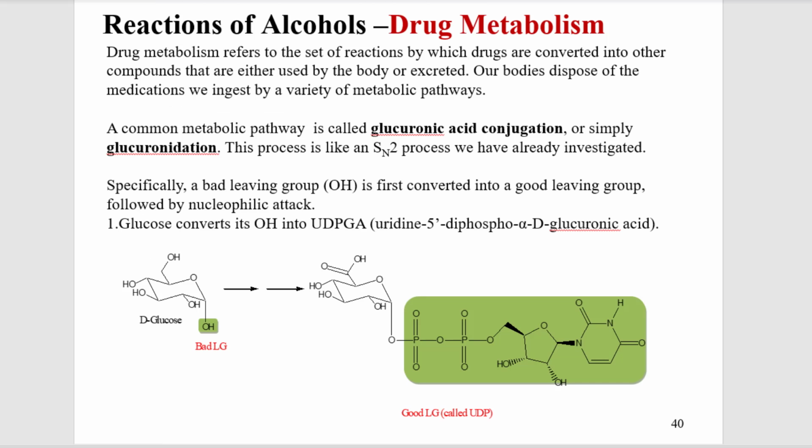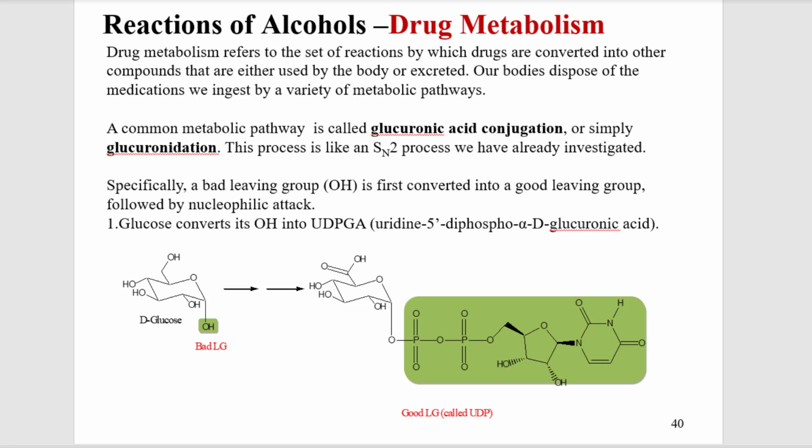All right, drug metabolism. Here's a beautiful example of how converting a bad leaving group alcohol into a good leaving group works in our bodies. A common metabolic pathway called glucuronic acid conjugation, or simply glucuronidation, is a process just like our SN2 process that we've been talking about. Specifically, we start with D-glucose.